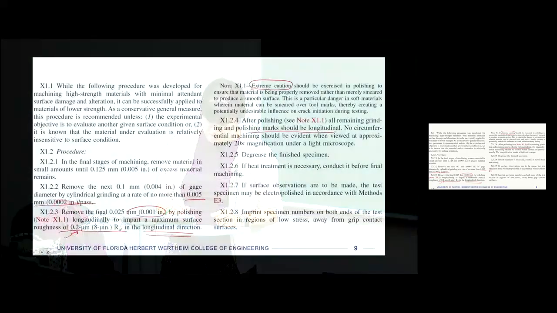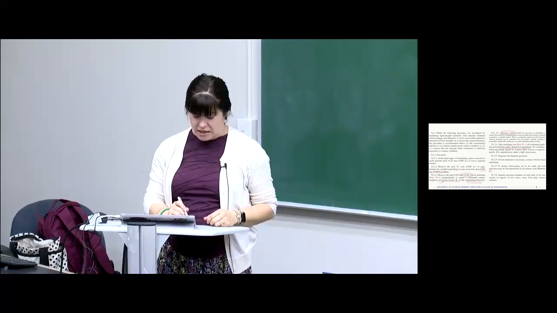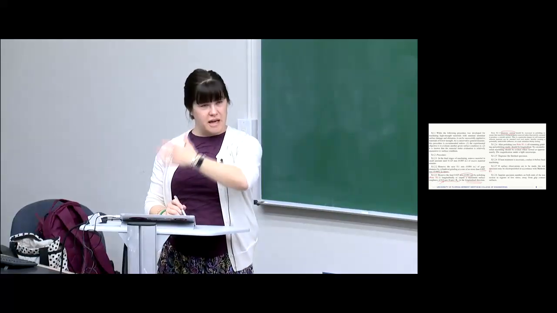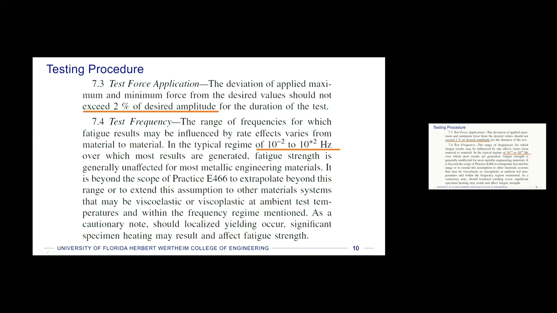And don't label it in such a way that it's going to be damaged. Like it says, imprint the specimen away from grip contact. So if you put it in a grip or a chuck, you don't want to label it underneath that, right? Not everyone is a highly trained, highly educated engineer like yourselves, and so they need that level of care, right?